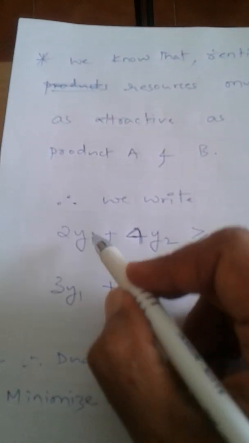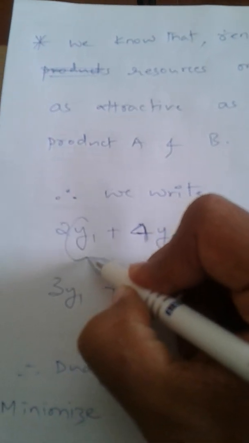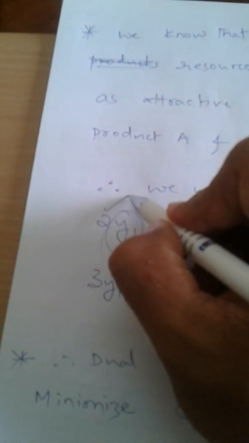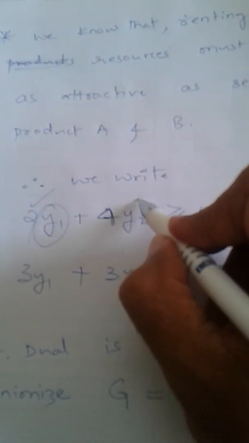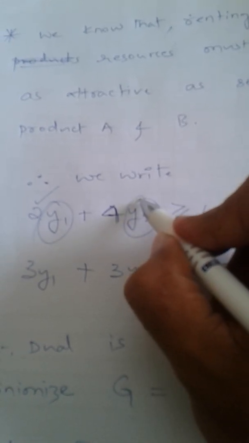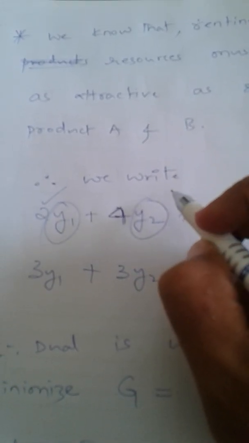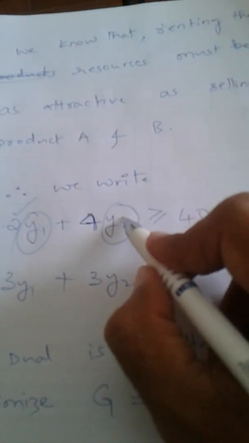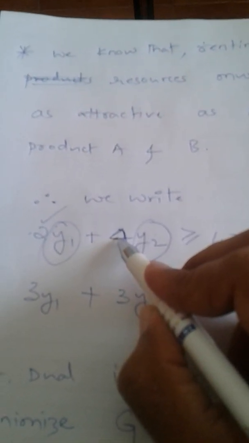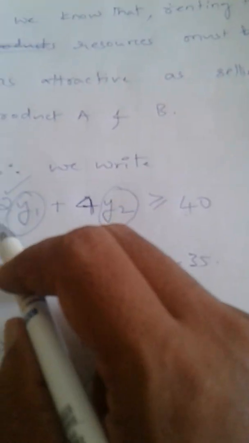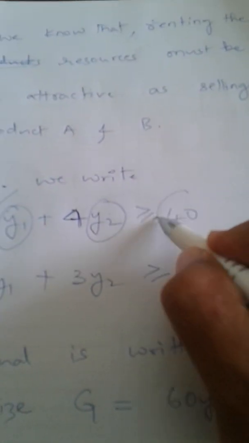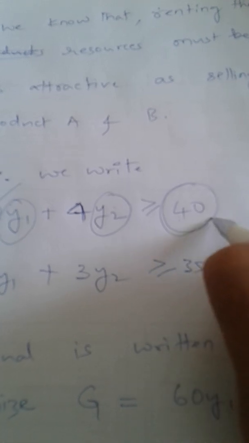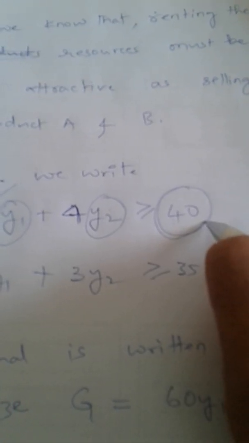It is given that 1 unit of product A requires 2 kgs of raw material, and 1 unit of product B requires 4 kgs of raw material. All these put together, they should earn a profit of more than 40 rupees.